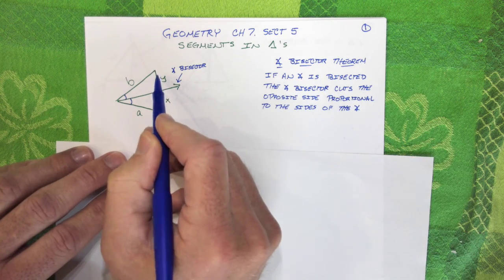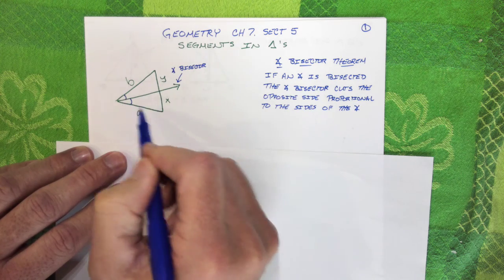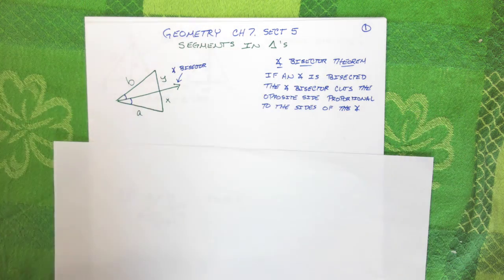Or some people like to say this side is cut proportional to the other two sides of the triangle. However you want to look at it, however you want to say it.